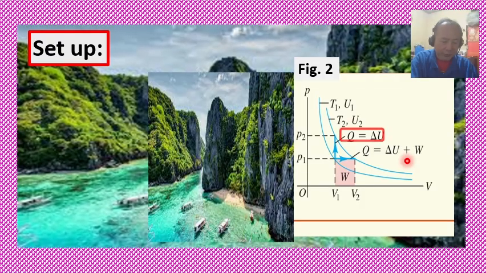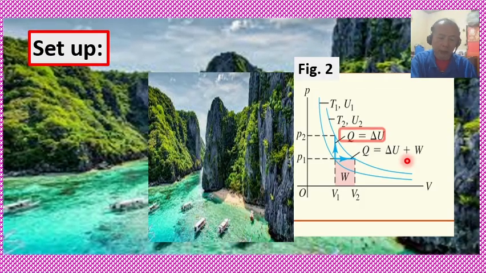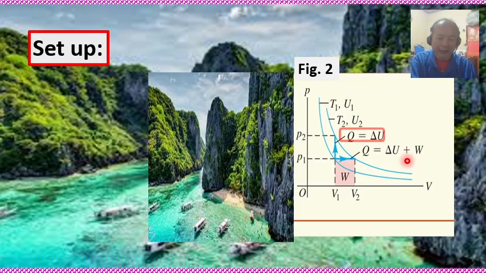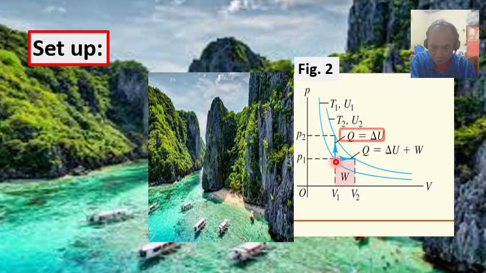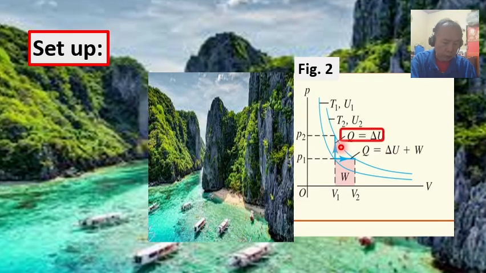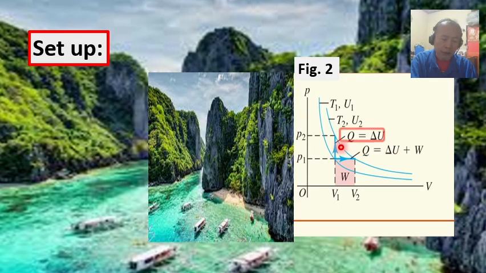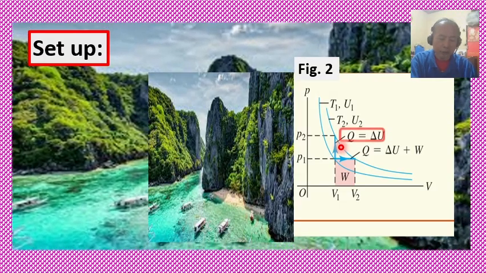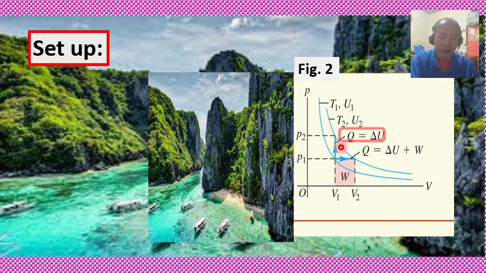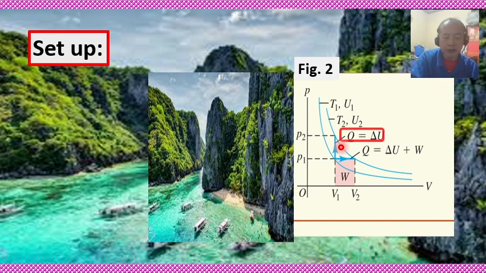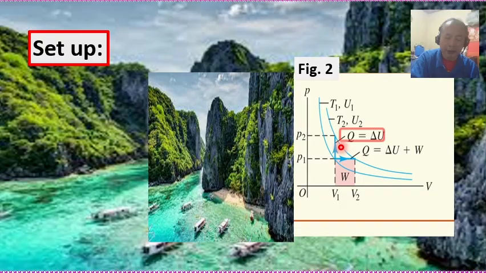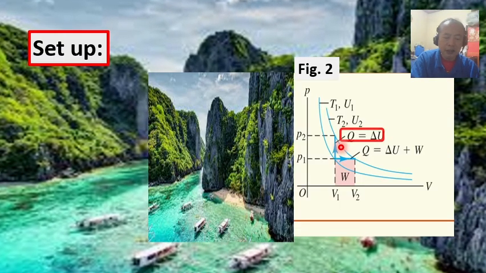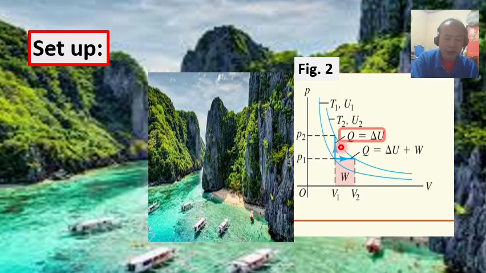The other process shown in this PV graph is when the pressure increases from P1 to P2 without changing the volume of the gas. Since there is no change in the volume, which we consider as an isochoric process, we say that the work done is equal to zero.